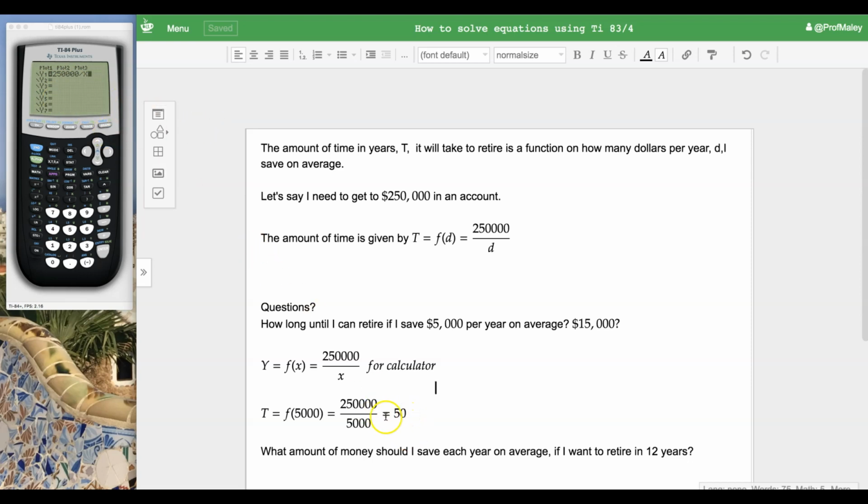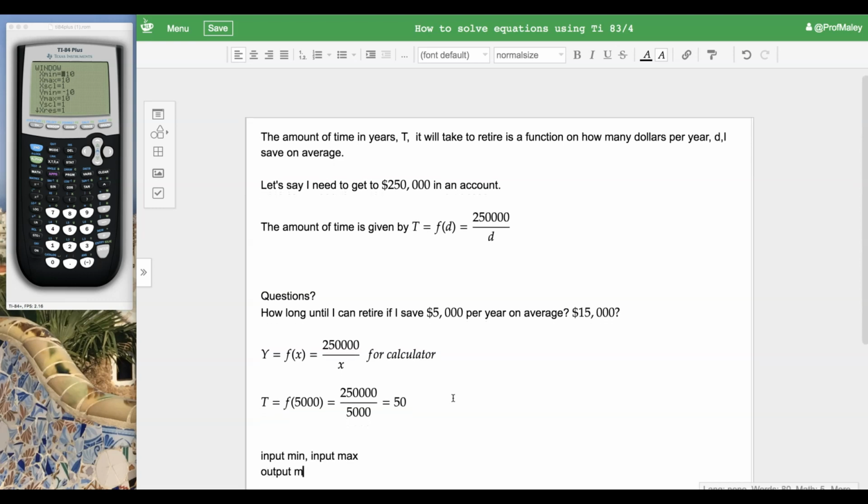This first calculation I came up with seemed to be mapping out for a long while. So I want to keep my x min, my x max, so my input min, input max, and output min, output max are values that we're going to want to set for the window for graphing.